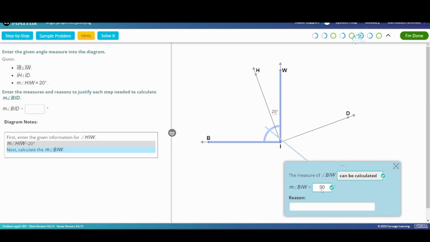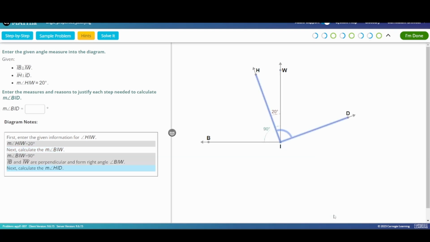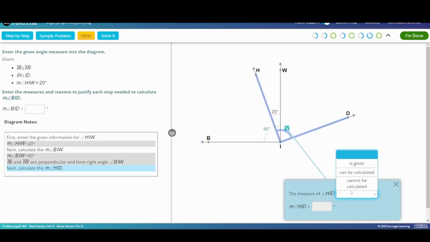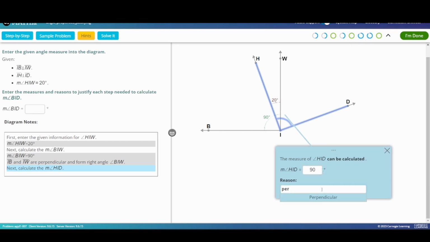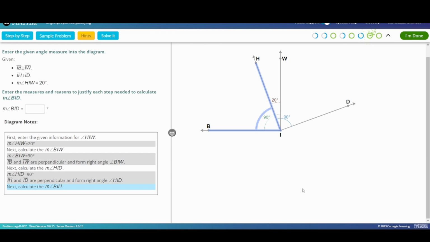And that is 90 degrees because that's the definition of a perpendicular. Type in perpendicular, definition of a perpendicular angle. All right. Similarly, this one is also going to be 90. Again, it doesn't tell us, but we can calculate it. 90 degrees. Same reason as before, perpendicular angles. Get that a little bit higher on the screen here. There we go. All right, so you can see our proof is starting to take shape.